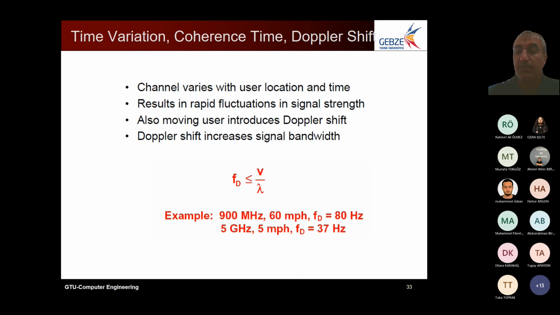The first one is for GSM technology, where we use around a 900 megahertz carrier frequency, and assume the car is moving at 60 miles per hour, which is approximately 100 kilometers per hour. If you plug these values into this equation, you end up with a Doppler shift equal to 80 hertz. That means your signal bandwidth is going to fluctuate by 80 hertz due to the Doppler shift.